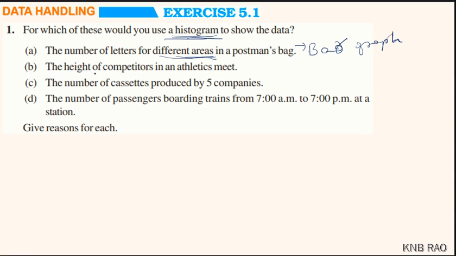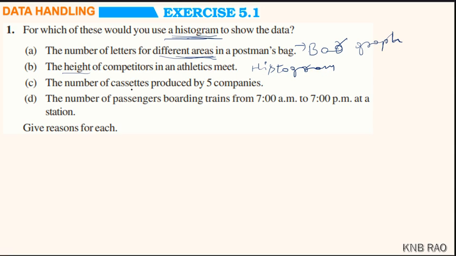Then coming to the height of competitors in an athletic meet. Heights, just now the height of girls we have discussed. So obviously for the height of the girls or the height of the athletes, we can draw a histogram. So the data given in B is convenient to draw a histogram.